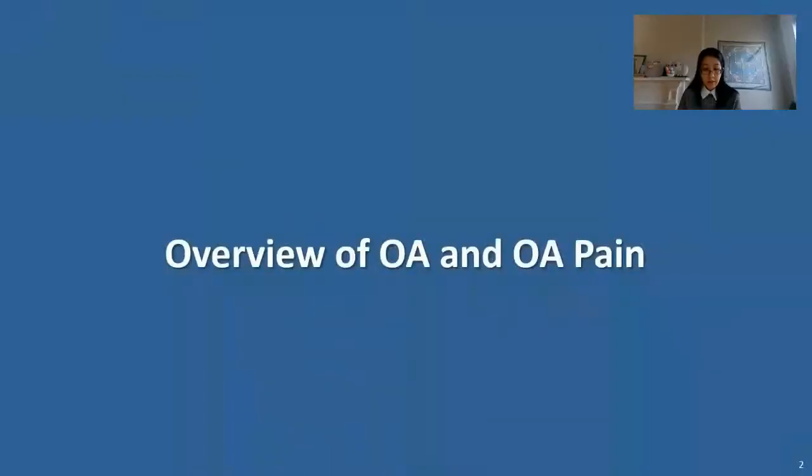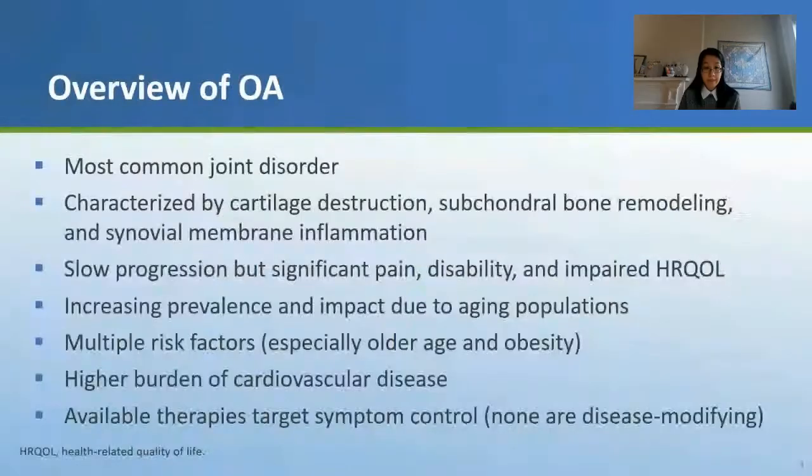First, let's cover an overview of osteoarthritis and osteoarthritis pain. OA is the most common form of arthritis, and it affects over 32 million US adults. We think of it as a disorder of the whole joint and not just of the cartilage. The pathophysiology is characterized by cartilage destruction as well as bone remodeling and synovial membrane inflammation.